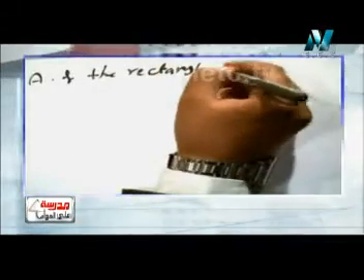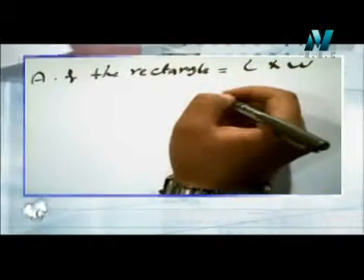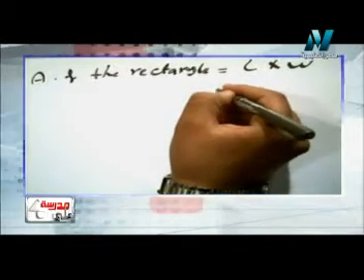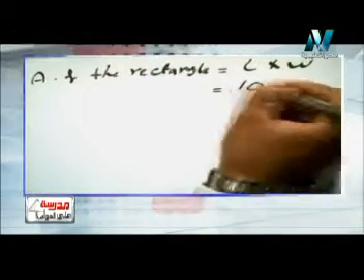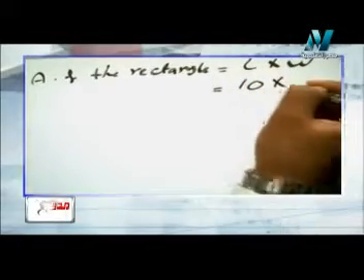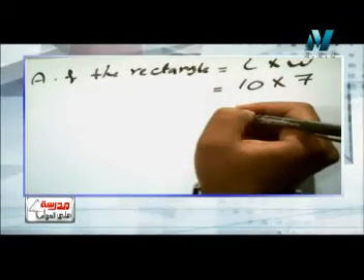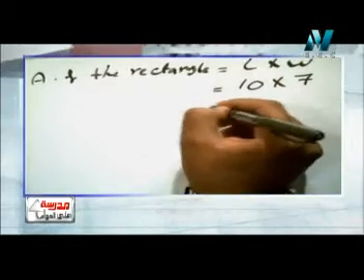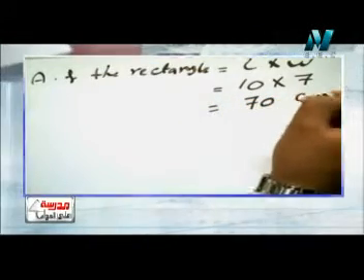Area of rectangle equals length times width, equals 10 centimeters times 7 centimeters. 10 is the length and 7 its width. 10 times 7 equals 70. 70 what? 70 centimeters square.